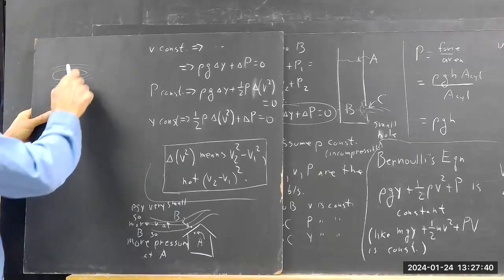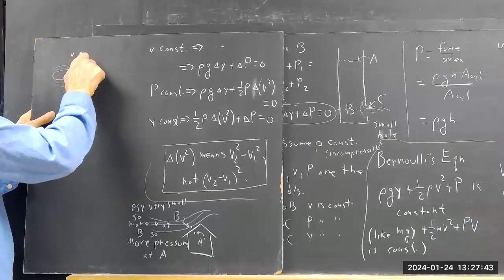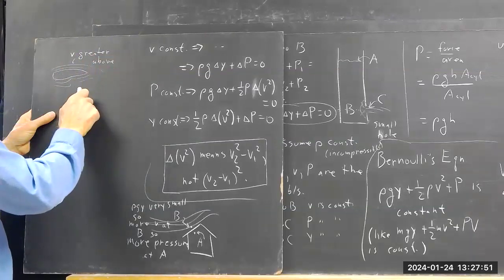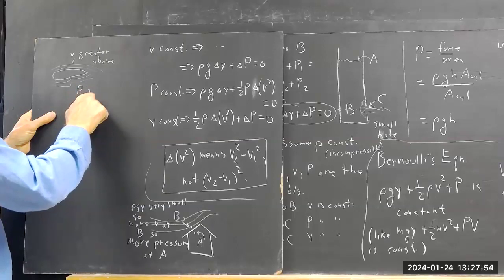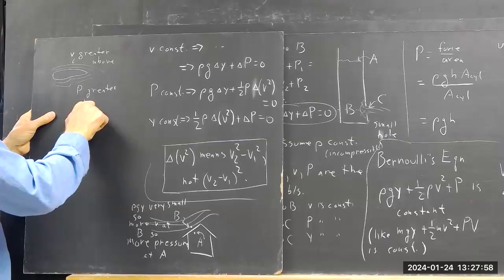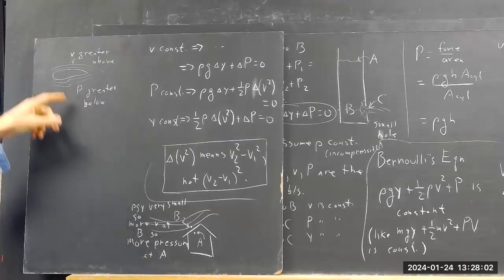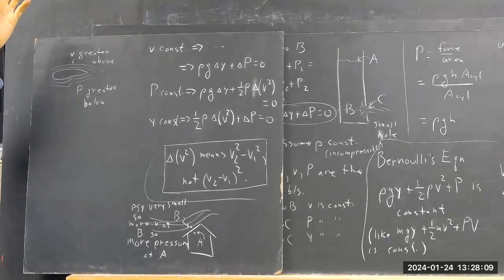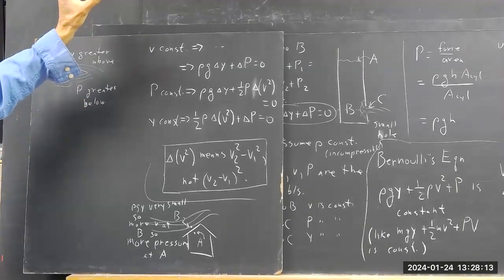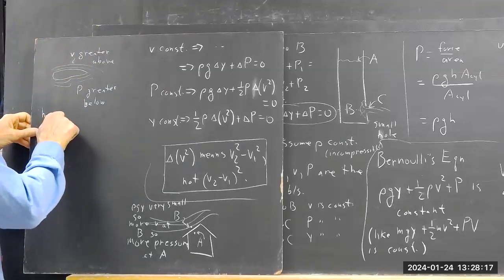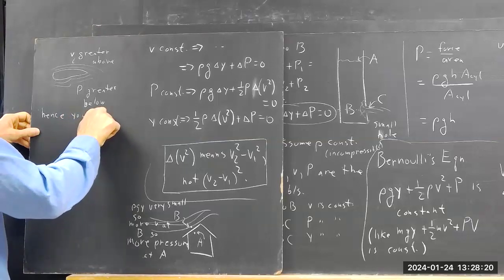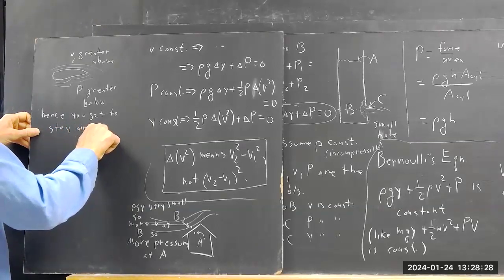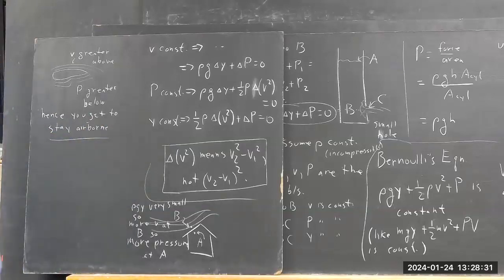So pressure is greater below. So you multiply the pressure difference between here and here by the area of the wing, and you get the lift. We get to stay airborne. Okay.